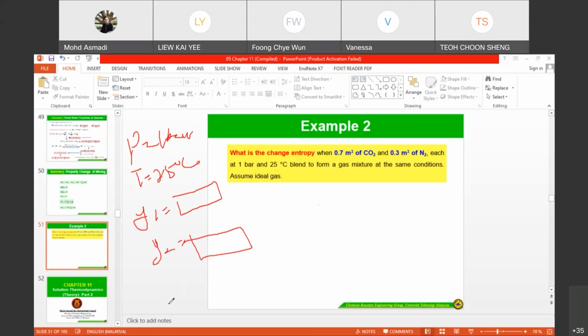From the equations, what do we have? The change of entropy, delta S ideal gas mixing, equals negative nR summation yi ln yi.